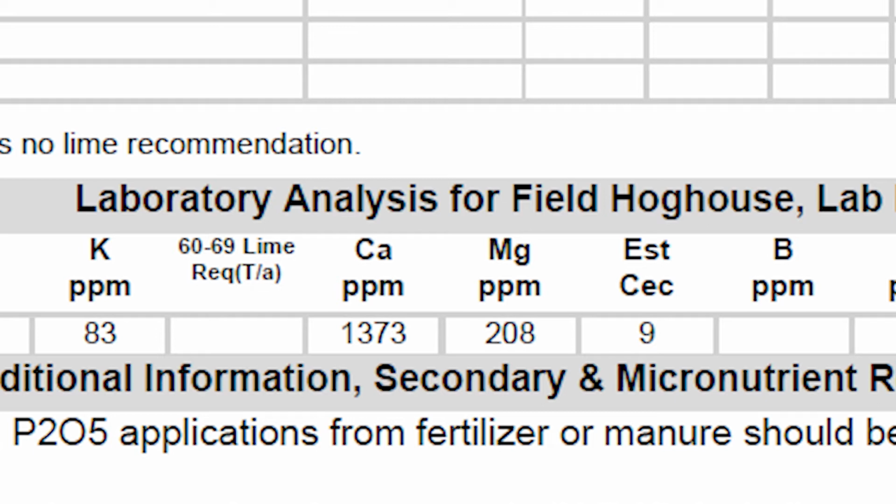So in most cases, though, especially with clay soils, the calcium levels can be relatively high and not cause a problem. So we see there that calcium is up around 1,373 parts per million. So might seem high, but for a clay soil, not out of the ordinary.